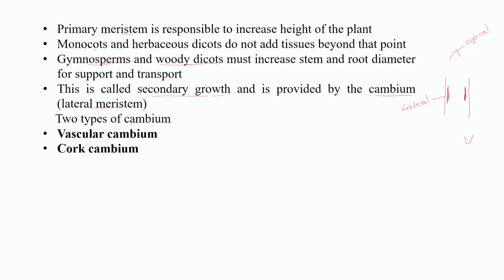Now there are two types of cambium. We have always discussed the cambium which is present between xylem and phloem. We discussed this when we were discussing vascular tissues and how vascular bundles are arranged. There is an open type of vascular bundle in which you have a cambium, with phloem on the outer side and xylem on the inner side.